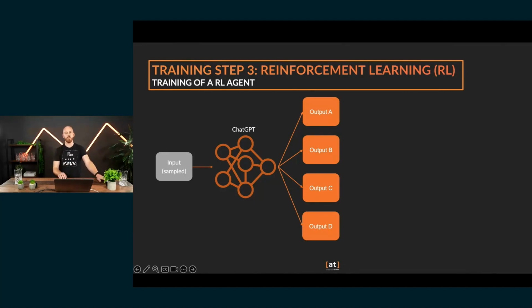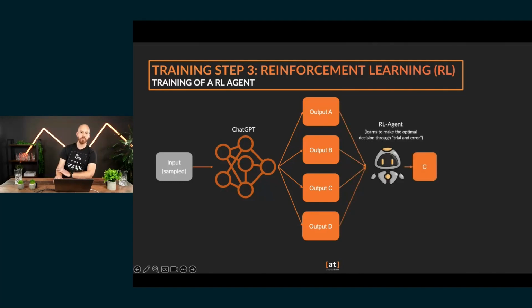You can imagine that ChatGPT produces an answer set in the training process, like in this case, 4 outputs. And then there is a reinforcement learning agent who, in the training process, decided to choose output C, as it thinks maybe this is the best answer in the current situation. And then, as we have learned, there's always a reward function, which is essential for the decision of the agent.